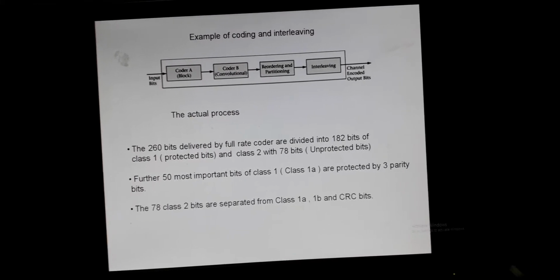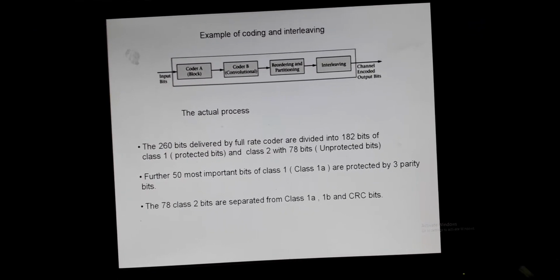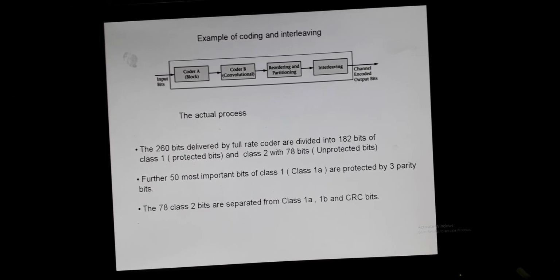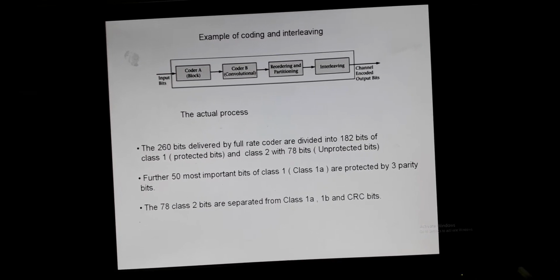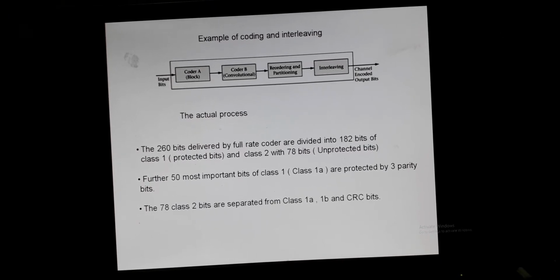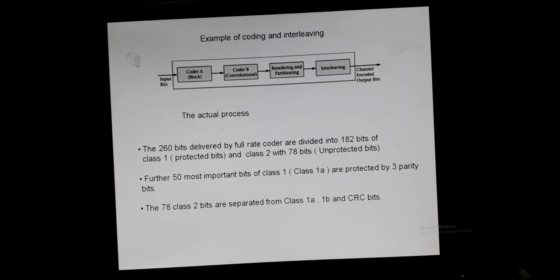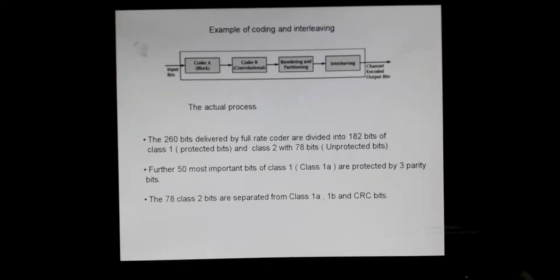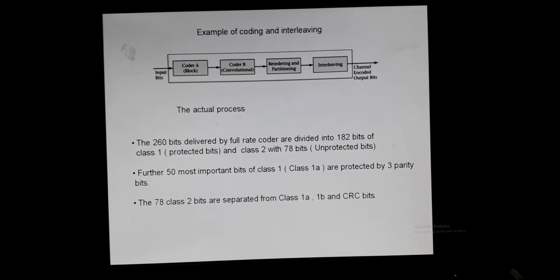Well, this is very important from an examination point of view. In block coding technique, we have to follow some method. Suppose we have two classes of codes, class A block codes and class B convolutional coding.